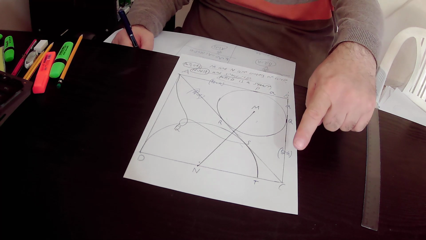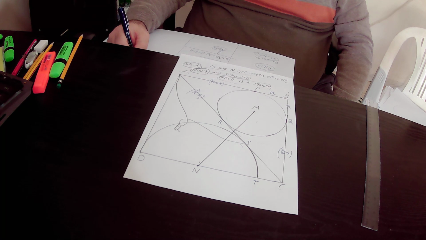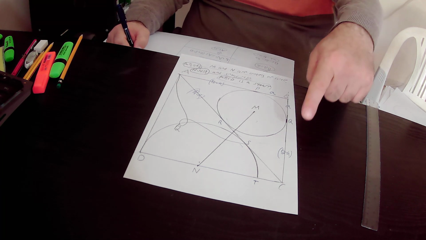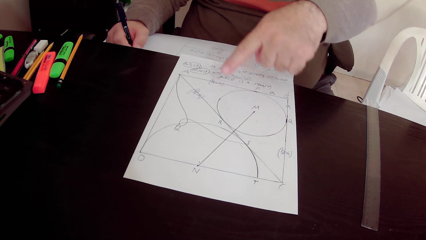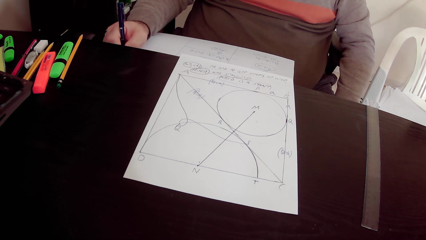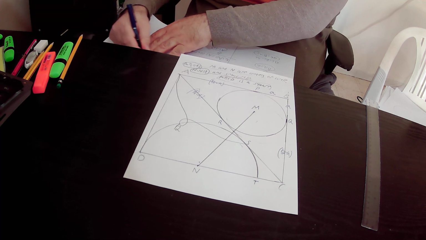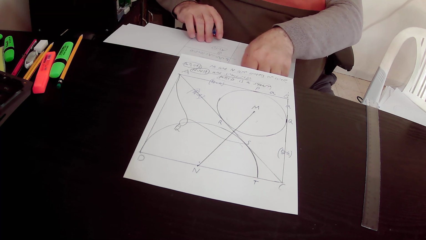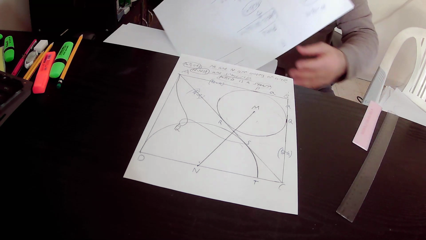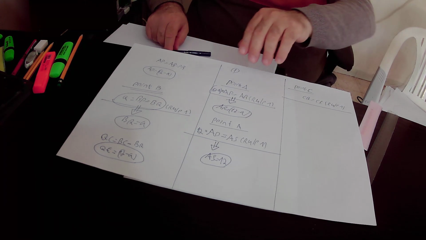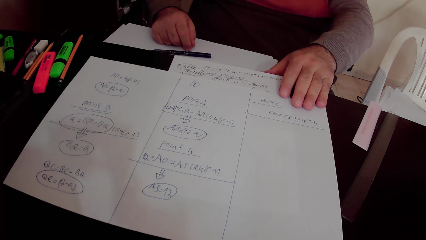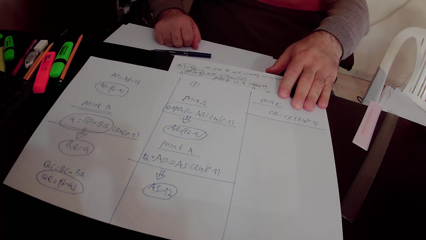The first tangent is tangent CQ, and the second tangent to this circle is tangent CR. And according to rule number 1, the length of tangent CQ must be equal to the length of tangent CR because they exited from the same external point C.